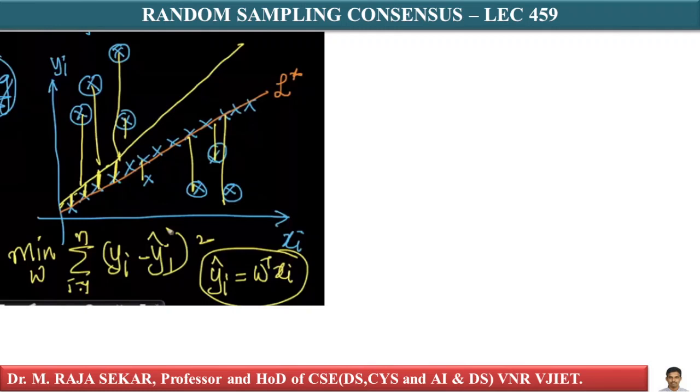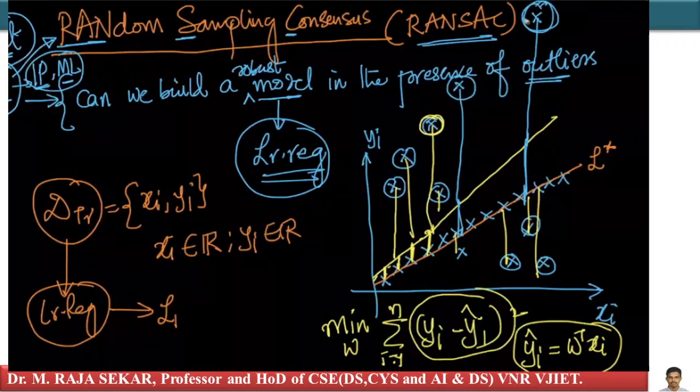The problem is, what is the intention here? Here the problem is some of these points are outliers. Imagine there are extreme outliers.